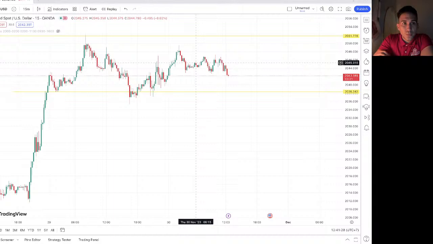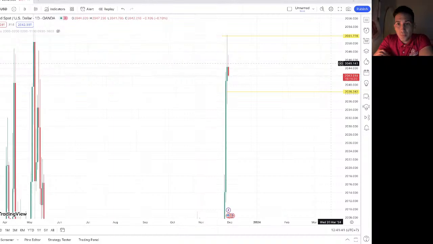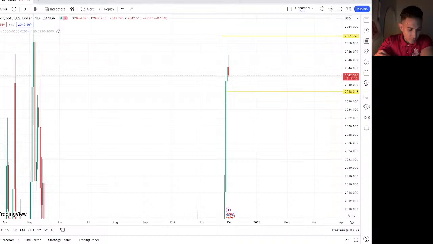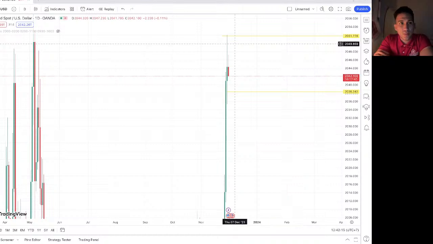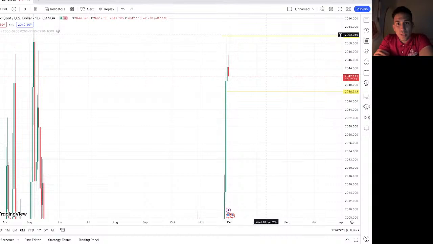As you can see, gold in the hour time frame made this top resistance here, and then it went down.